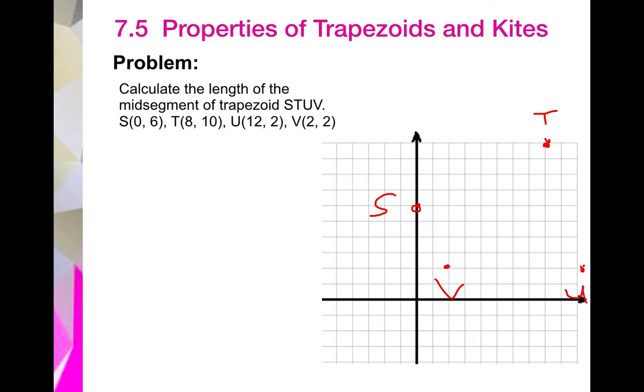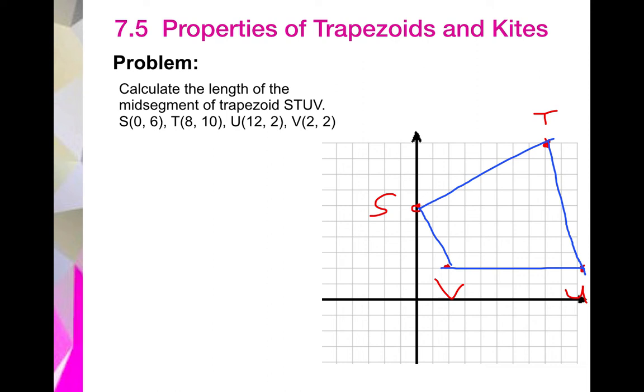So if I connect these together, I get something like this. And you can see right away that ST is not parallel to UV, but SV might be parallel to TU. So this is probably where we're going to have the bases.